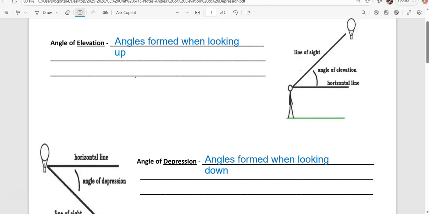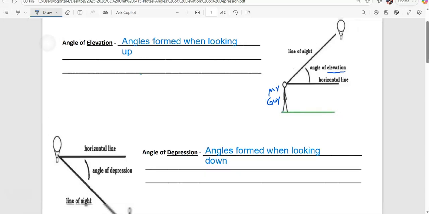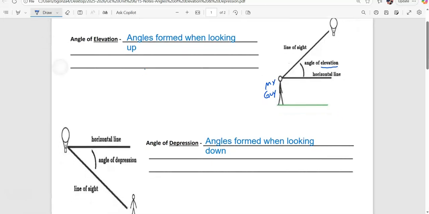Angle of elevation. The name implies that the angle is elevating or going up. You can see from our stick guy, his name is my guy. He's looking up, and this angle with the horizontal line makes an angle of elevation. He's looking up at a hot air balloon.